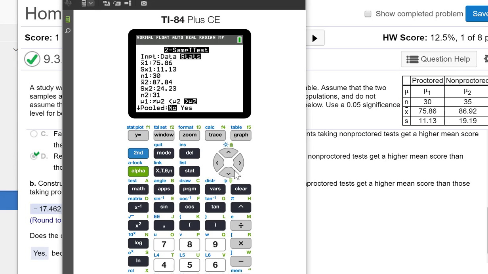Do the same thing for the second, non-proctored sample. Our hypothesis is that mu1 is less than mu2. We generally do not pool, and we're just going to calculate. And we get the same t-statistic I received earlier and the same p-value.